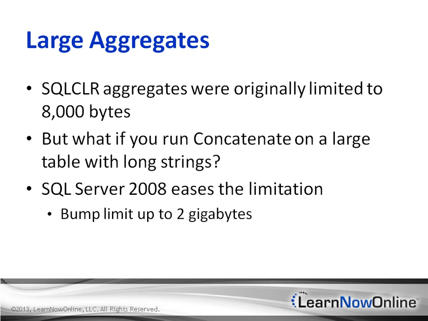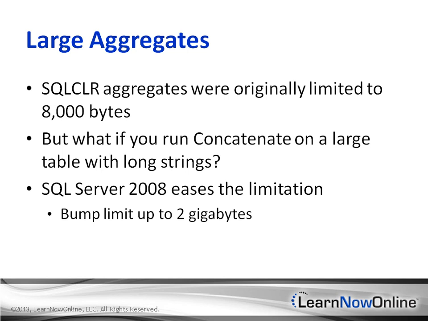So the code is going to use the SQL chars as the data type returned by the aggregation. This is roughly equivalent to an nvarchar(max), which is the largest string object in SQL Server. Within .NET code, SQL chars is essentially a char array.